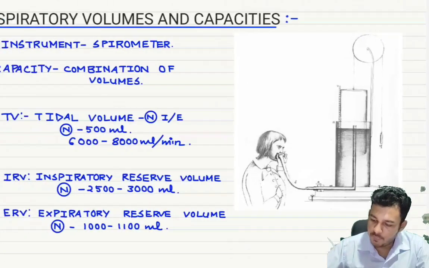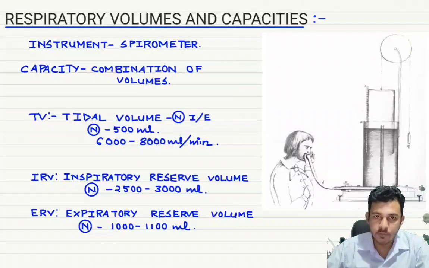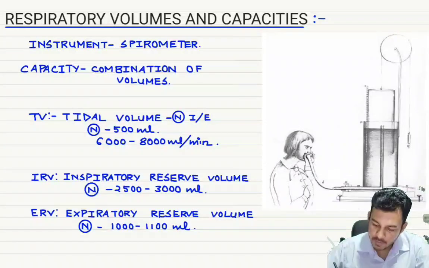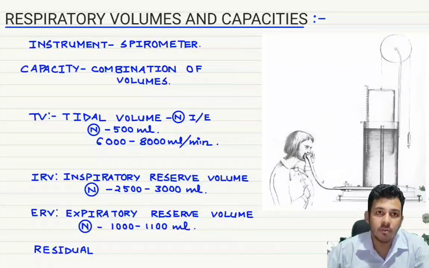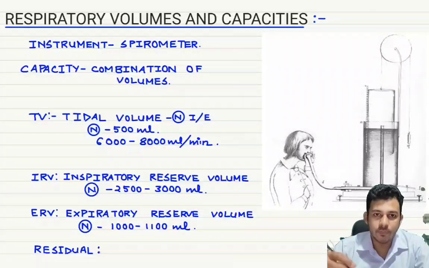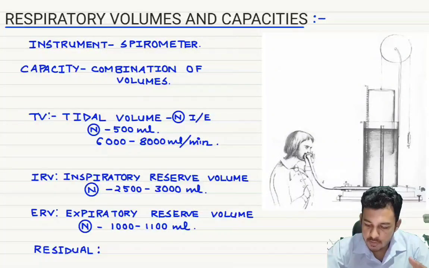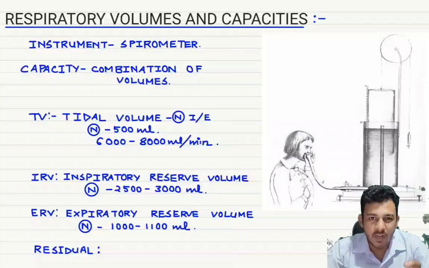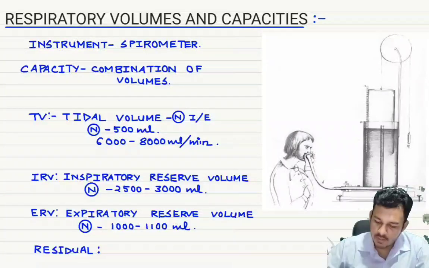Then next comes the residual volume. We can complete the residual volume in this page itself so that we can have the capacity in a different one. So after you have expired both your tidal volume and expiratory reserve volume, means you have passed out the normal tidal volume also, you have passed out the expiratory reserve volume also, whatever the amount of air remains in the lung, that is known as residual volume.